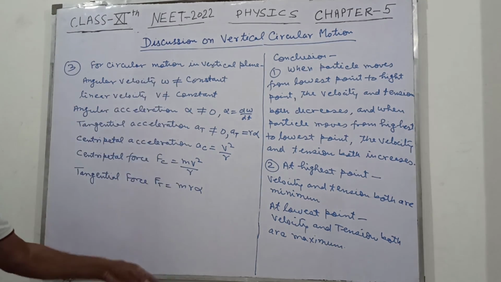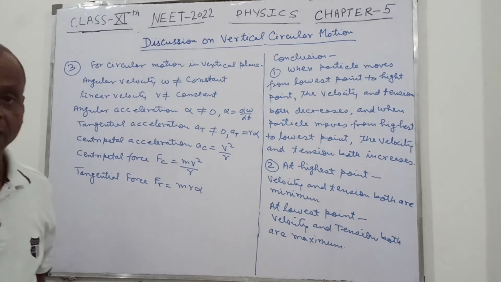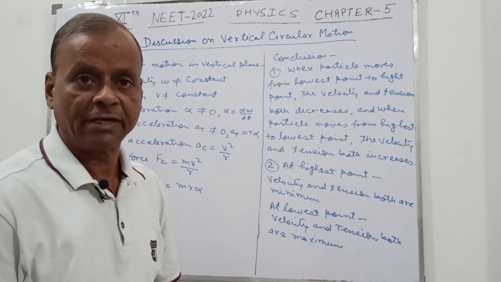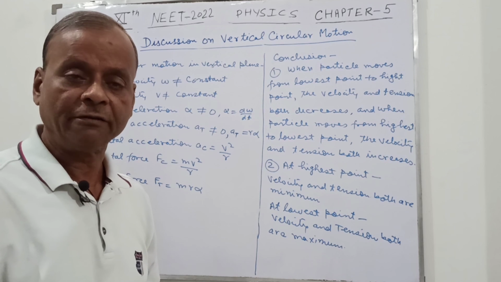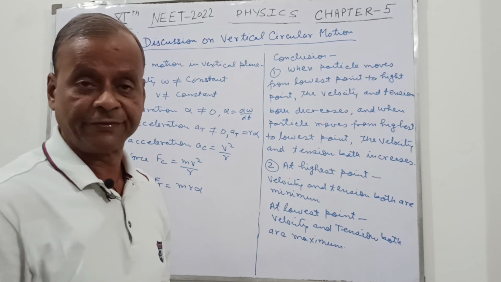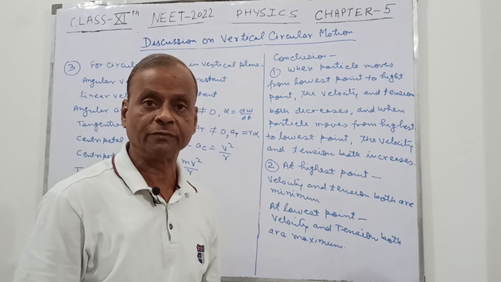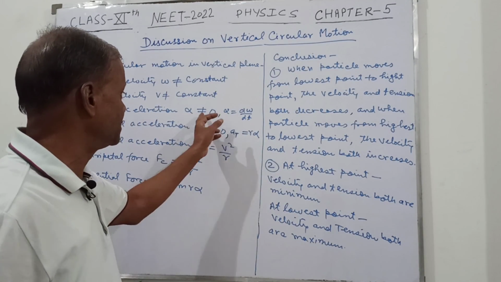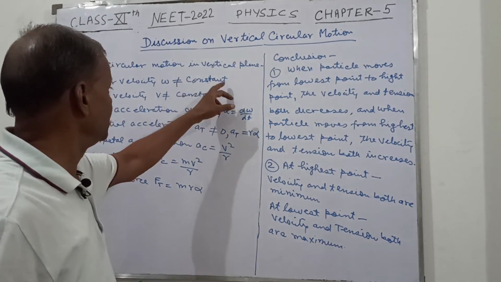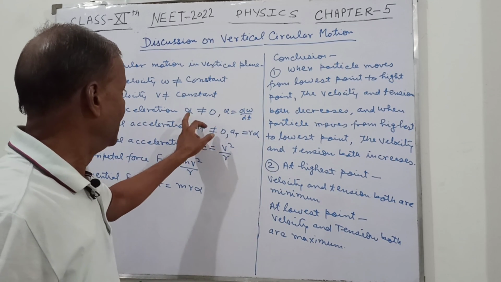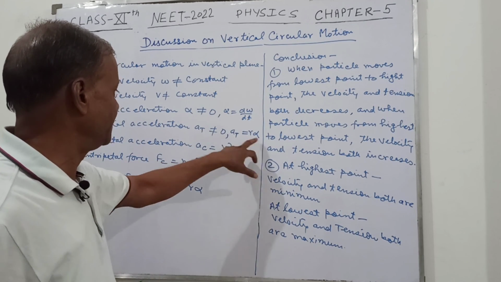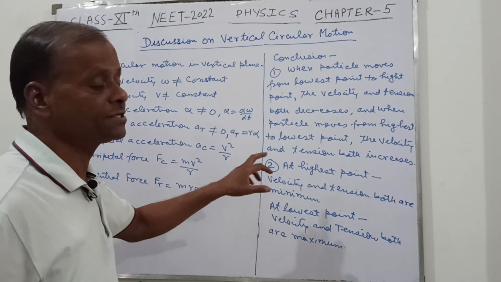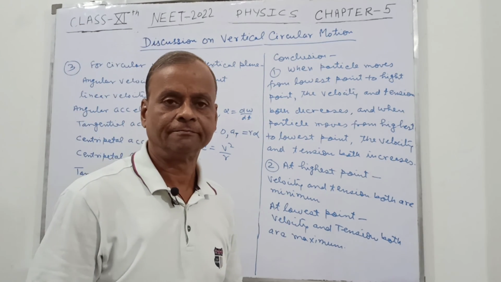So these are the factors which act on the particle. But if the circular motion is uniform, then alpha will be equal to 0, the tangential acceleration will be equal to 0, and omega is equal to constant, but AC is never 0.